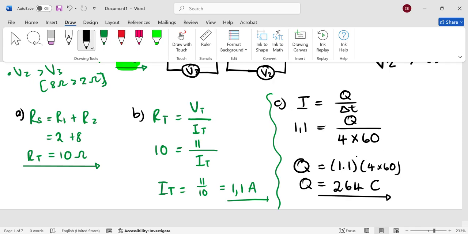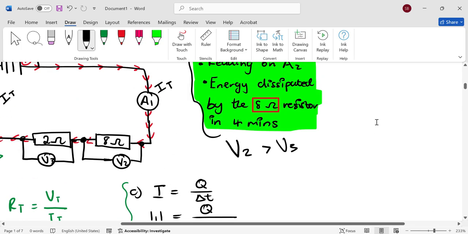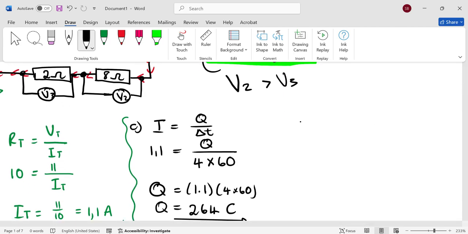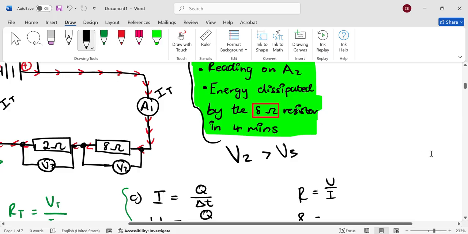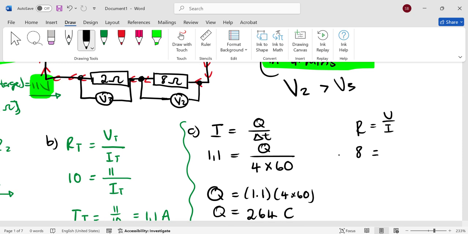Right. So now I have the charge. What do I need? The voltage, so I need to get V. Like I said, I am focusing on the 8 ohm resistor, which means I must use everything 8 ohms. According to Ohm's law, R equals V over I. My resistance is 8, because they want the energy for the 8 ohm resistor.